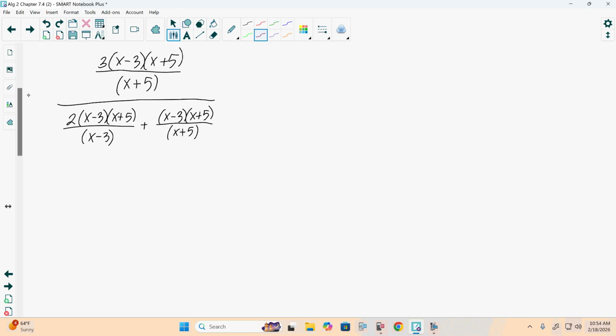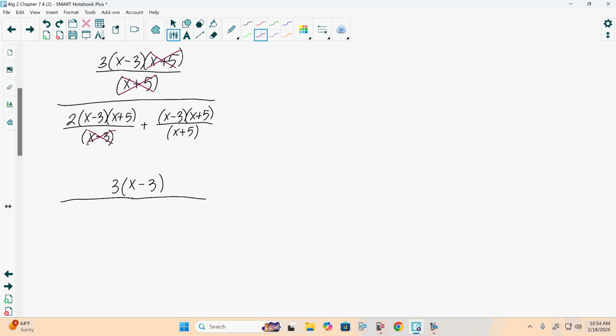Now we need to simplify. If we look at the numerator, the x plus 5 over x plus 5 will cancel out. They'll simplify, leaving us with 3 times x minus 3.